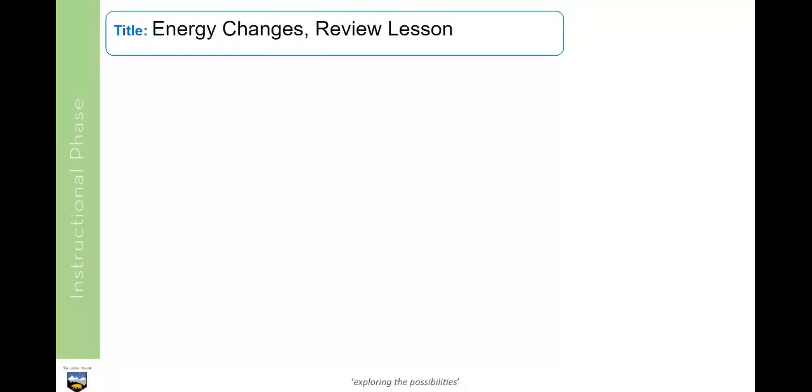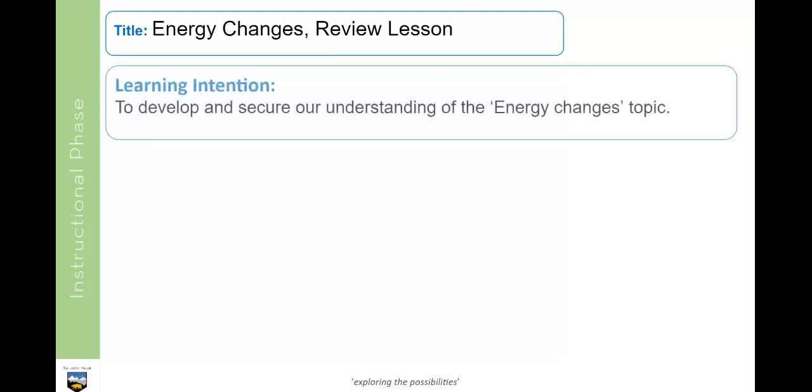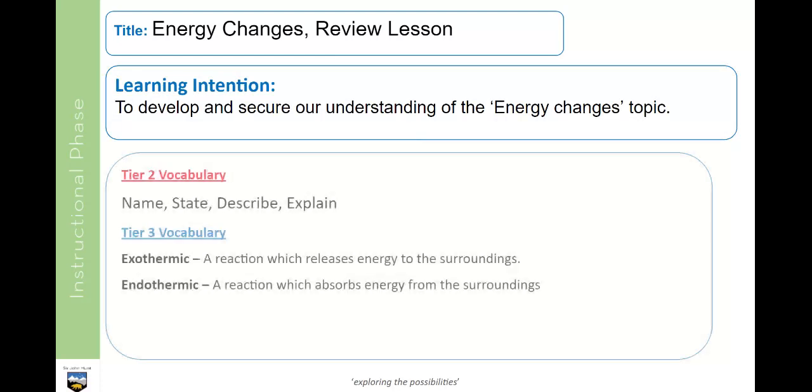So today we have come to the end of the topic of energy changes. So we are reviewing that topic. So we need to develop and secure our understanding of the energy changes topic. Now, two keywords I've included today are two keywords that I've noticed quite a few of you are still getting muddled up.